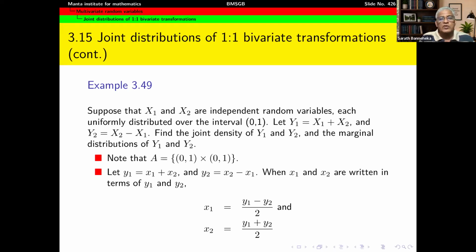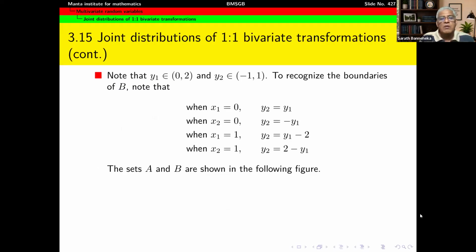When x1 is in 0, 1 and x2 is in 0, 1, x1 plus x2 is going to be in 0, 2. So that means y1 is going to be in the 0, 2 interval. y2 is going to be in the negative 1, 1 interval. So therefore, we can identify the event B by considering these values.